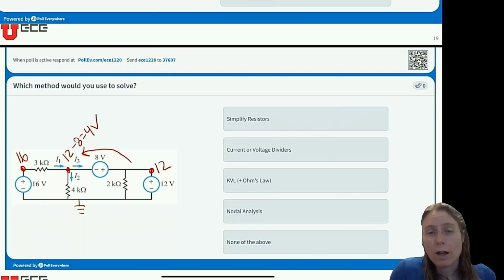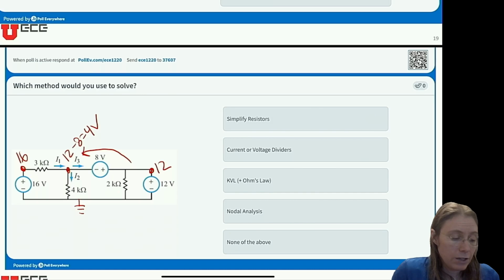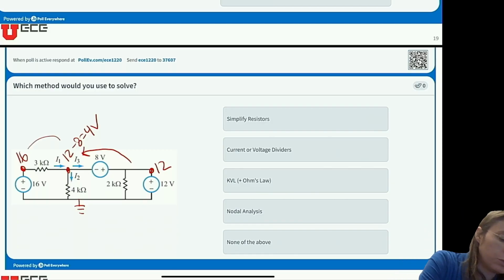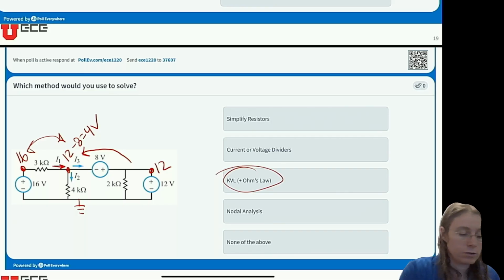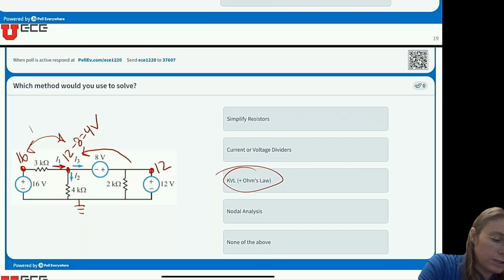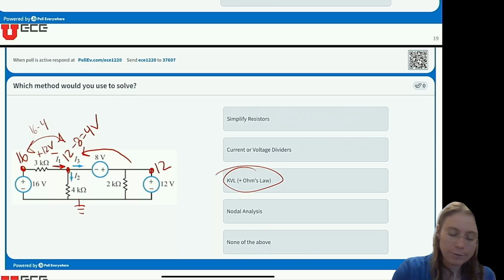So if I know every node voltage in the circuit, then I don't need to apply node voltage method or nodal analysis. And in this case, I can just apply Ohm's law and/or KVL, or using node voltage differences here to get this current. So I would say this is the approach I'm using, because I know that 16 minus 4 tells me that the voltage across this resistor is 12 volts, and then I can apply Ohm's law.